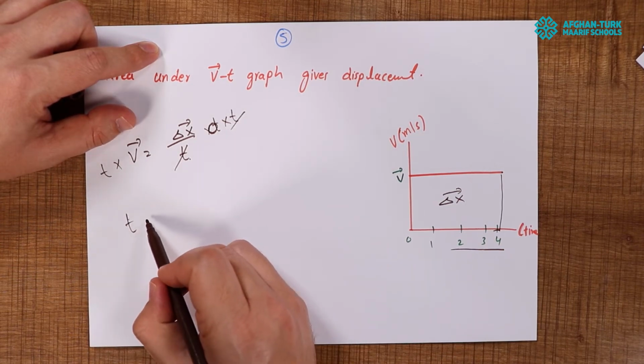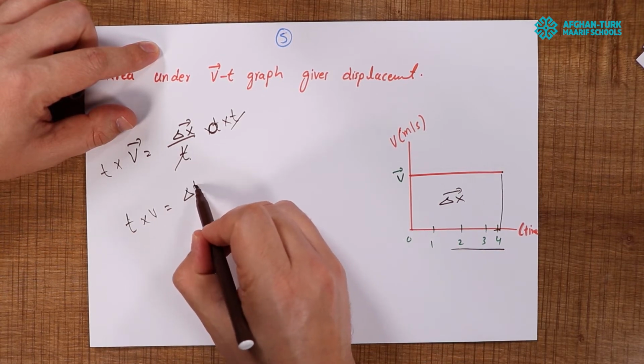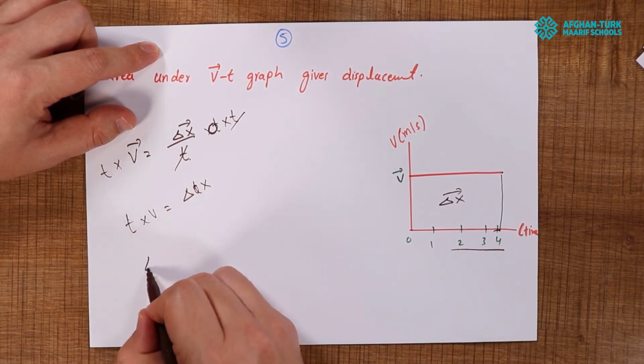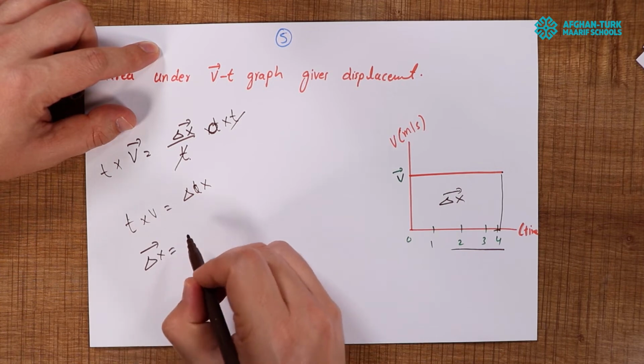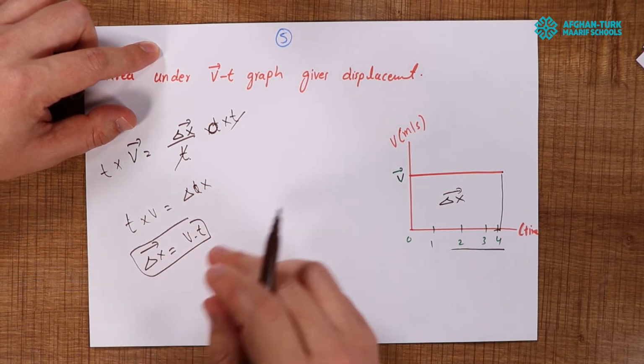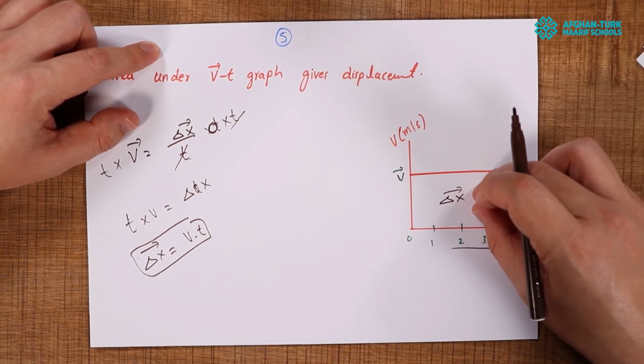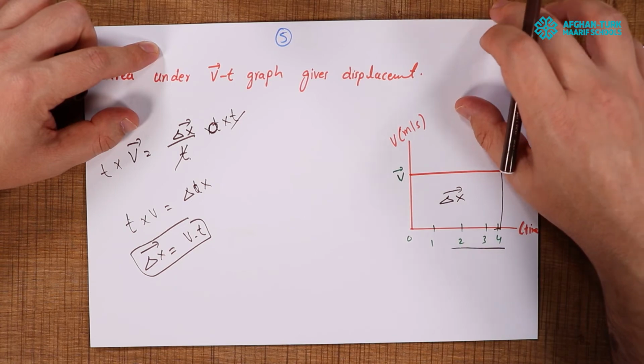So t multiplied by v is equal to delta x, or simply we can write delta x is equal to vt. So this gives us the displacement, or this area will be equal to displacement.